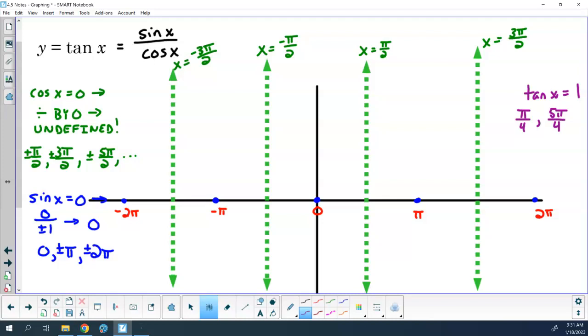Okay? So what would this negative angle be down here? Negative 3 pi over 4. Okay? What would this negative angle be up here?